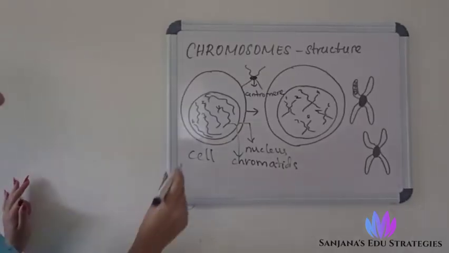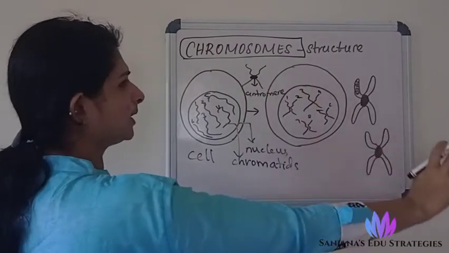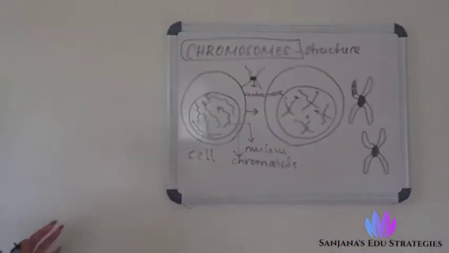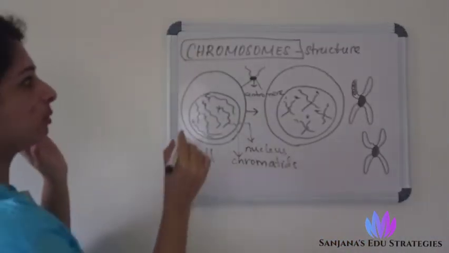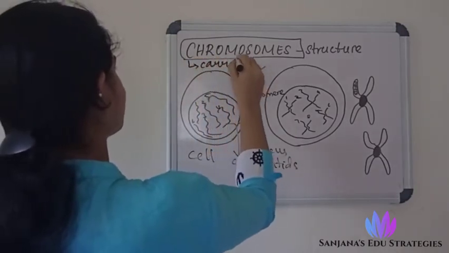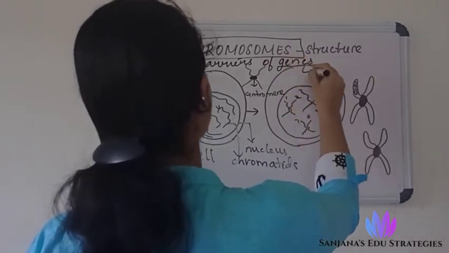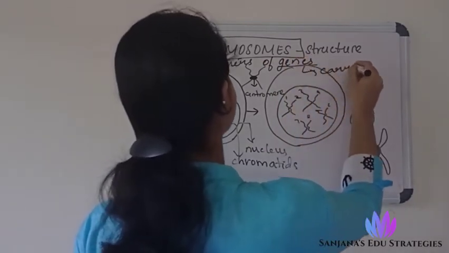Inside chromosomes all the genetic processes take place. The chromosome is the carrier of genes. Genes are the carriers of heredity.